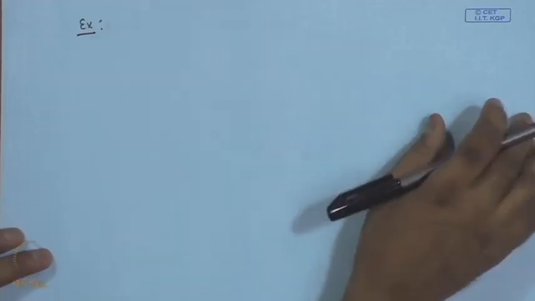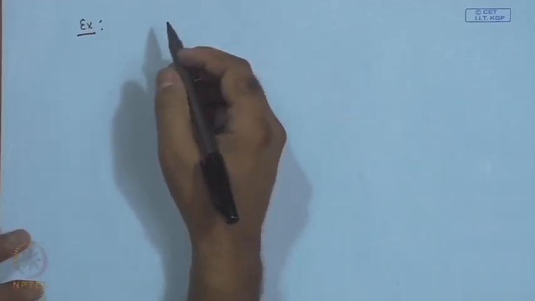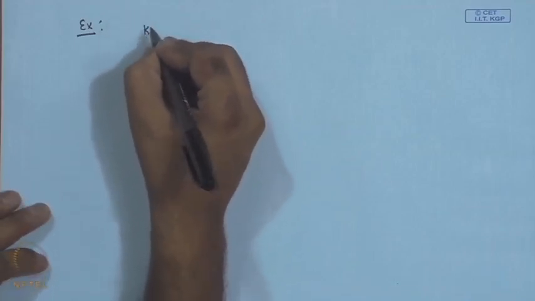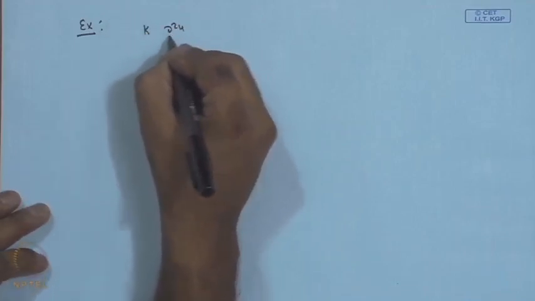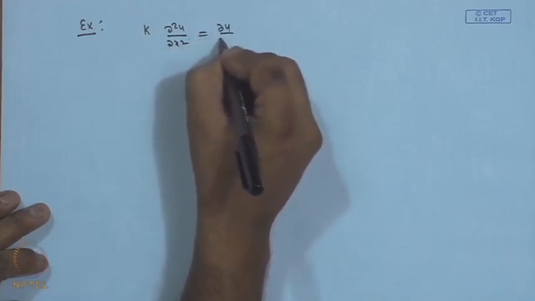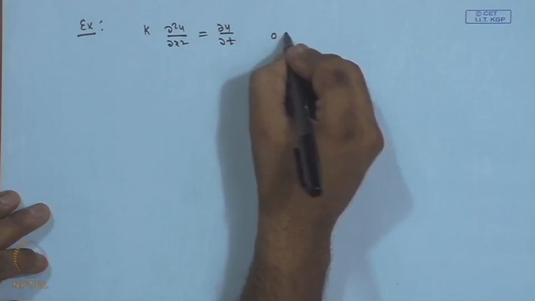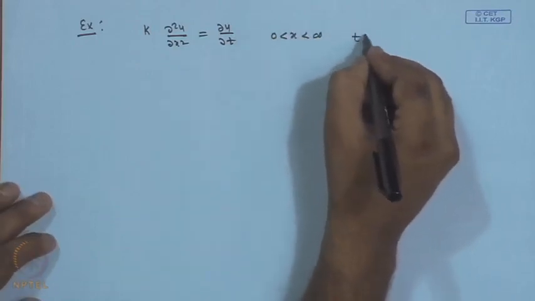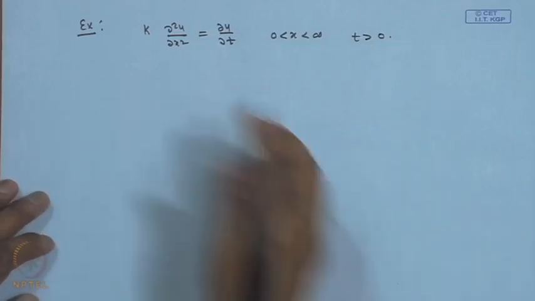Okay, so now we take another problem where we will apply the Fourier sine or cosine transform. So, we have the problem that k del 2 u over del x square is equal to del u over del t, and x is between 0 and infinity, t is positive.